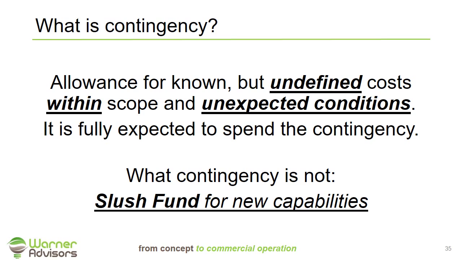So I strongly encourage you, when budgeting your project, do not assume you'll be able to spend any of that contingency on anything outside of the original scope of the project.